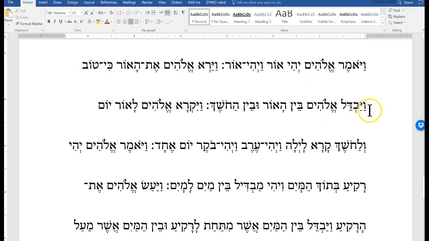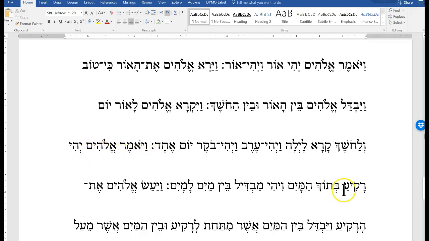and Elohim caused a division between the light and between the darkness. And Elohim called to the light Yom, day, and to the darkness he called Laila, night. And there was evening, and there was morning, day one.